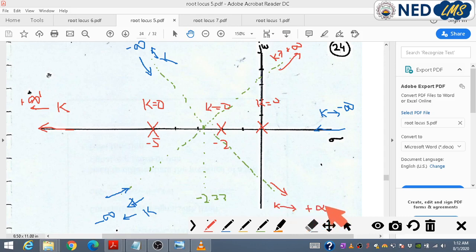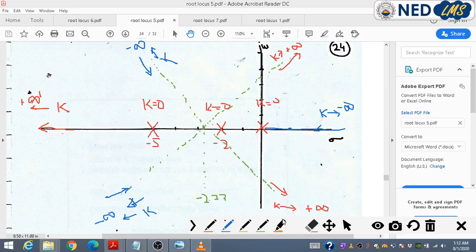Now make use of another property, the CRL and RL on the real axis. Once again, select a search point and count the number of poles and zeros on the right side. If the count is 0 or an even number, this particular portion belongs to CRL.